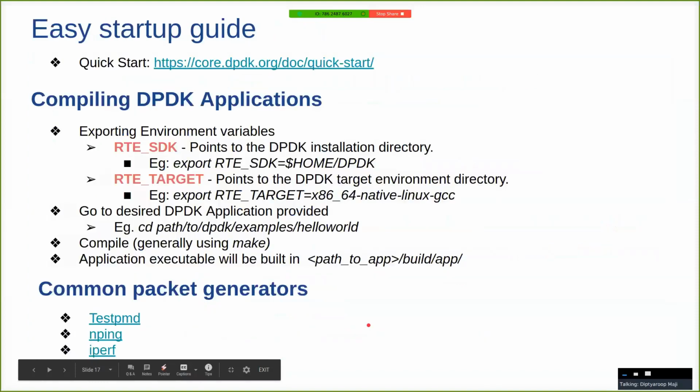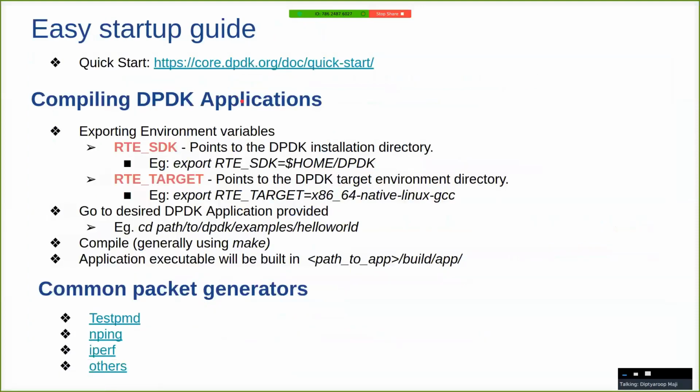This link provides an easy startup guide if you want to write your own DPDK applications: how to start with compiling and installing, and then how to code your own application. While compiling our own DPDK applications, we have to set two environment variables, RTE_SDK and RTE_TARGET.